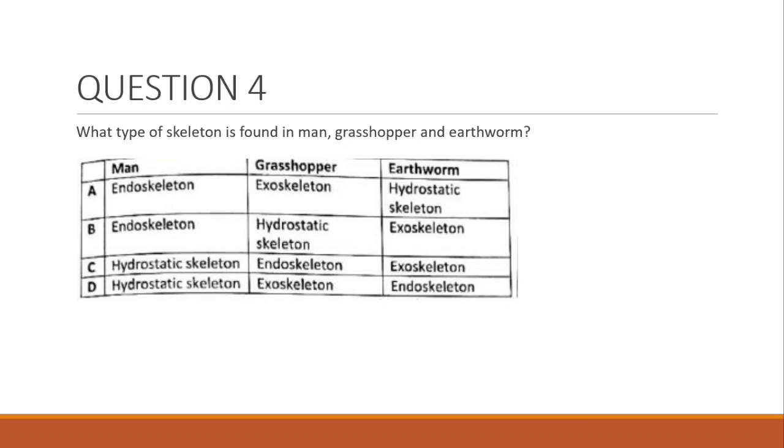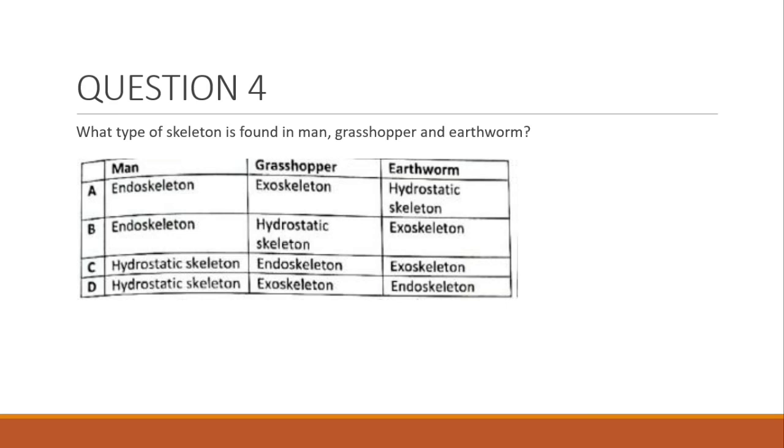Question 4 reads, what type of skeleton is found in man, grasshopper, and earthworm? We've got this table here. A, man endoskeleton, grasshopper exoskeleton, earthworm hydrostatic skeleton.